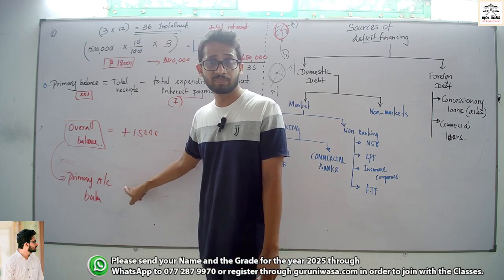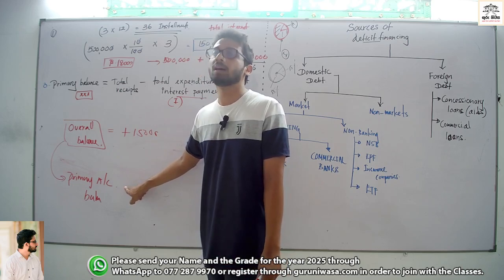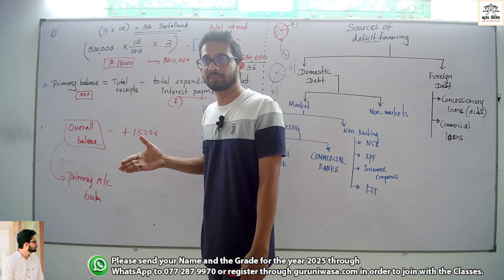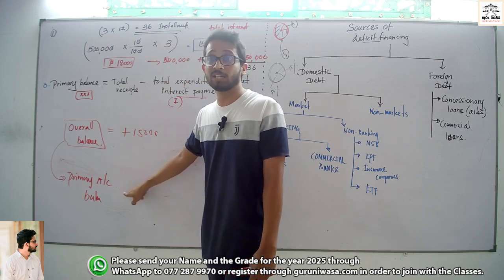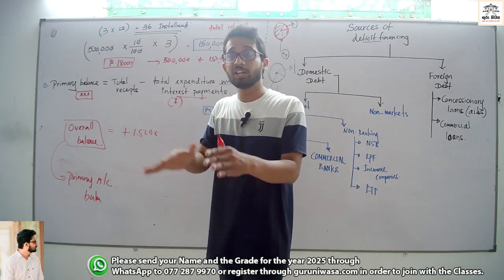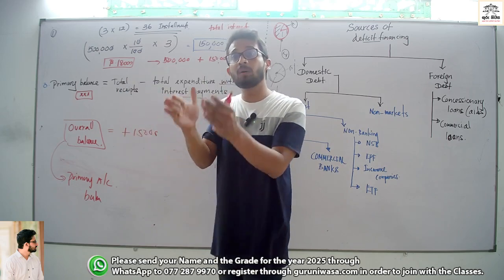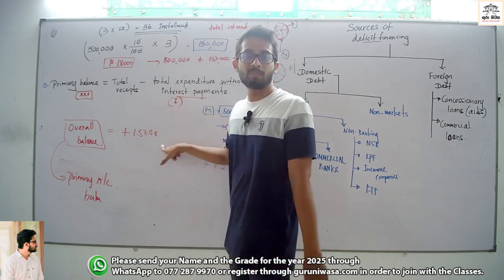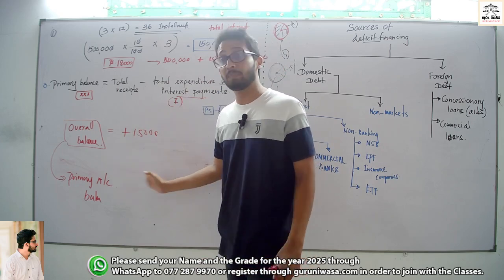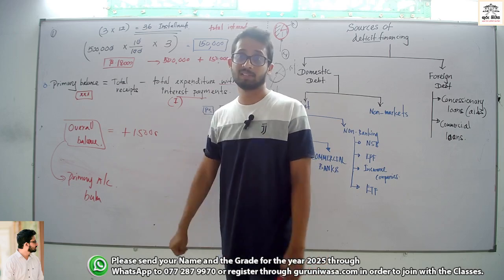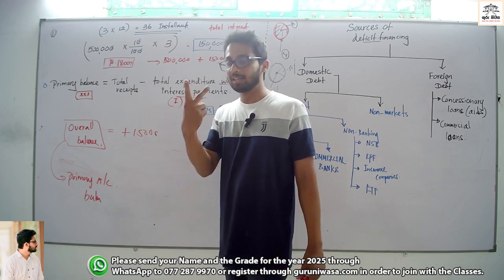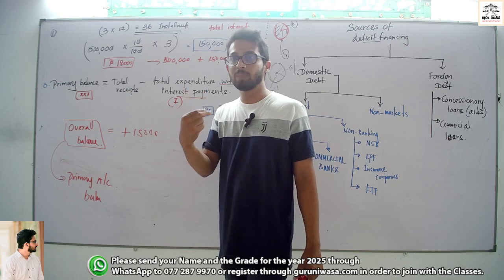That's the alternative method. If you deduct interest again, you have deducted interest 2 times.